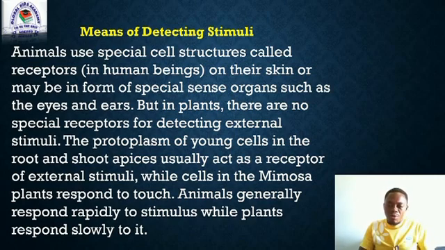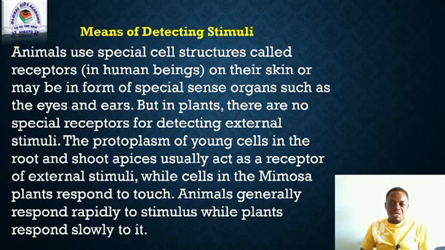The protoplasm of a young cell in the roots and shoot apices usually acts as a receptor of external stimulus. While cells in the mimosa plant respond to touch, animals generally respond rapidly to stimulus, while plants respond slowly to it. We're talking about means to detect stimulus here.